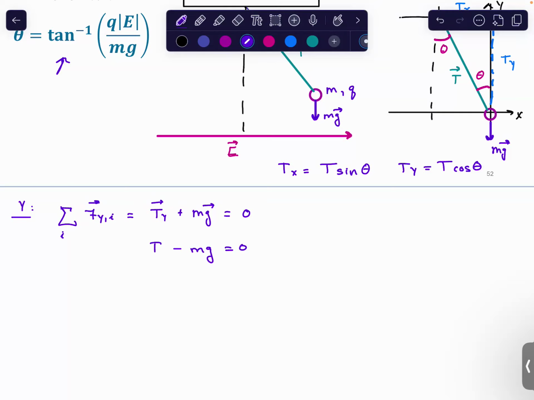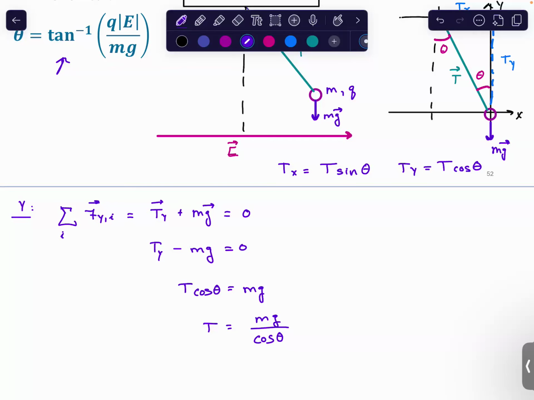Yep, mg is pointing down. So this will end up being T cosine of theta equals mg. T equals mg over cosine of theta.